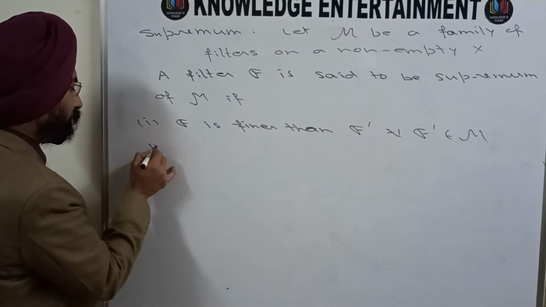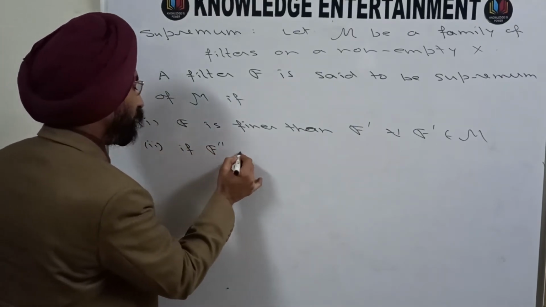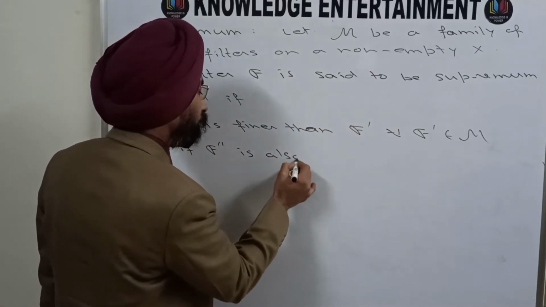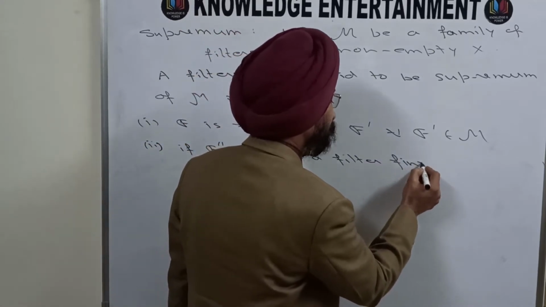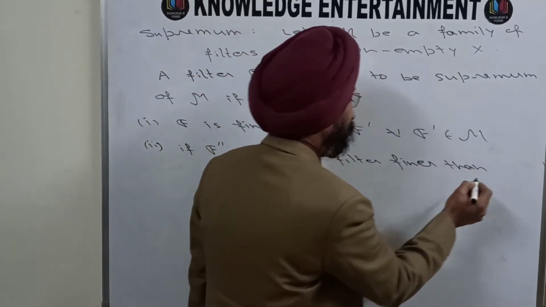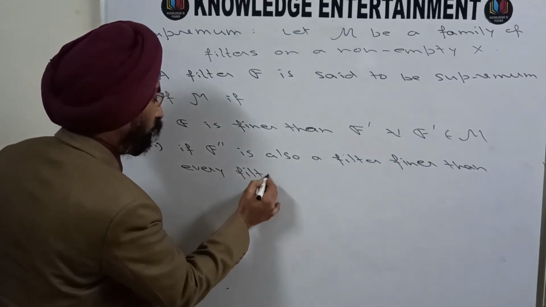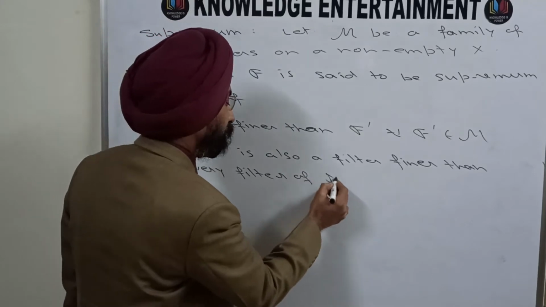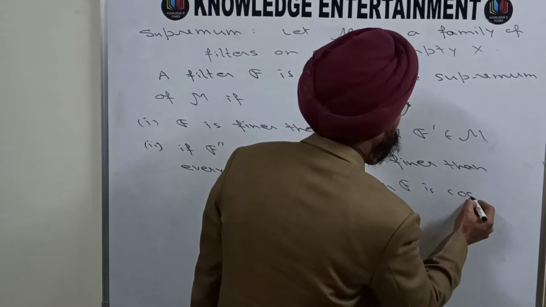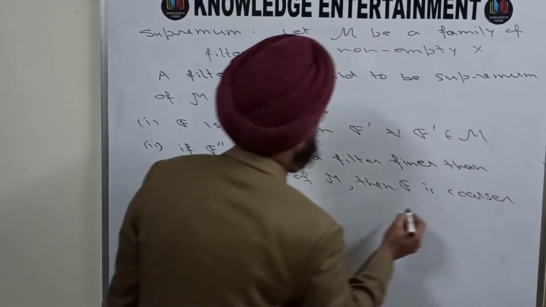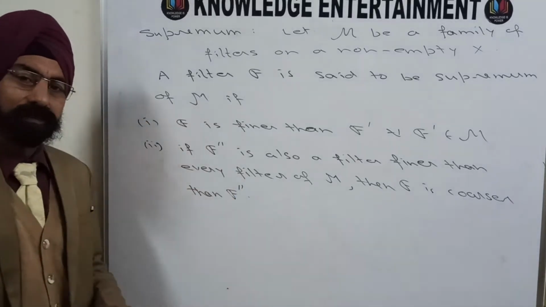Second condition, if F double dash is also a filter finer than every filter of M, then F is coarser than F double dash.